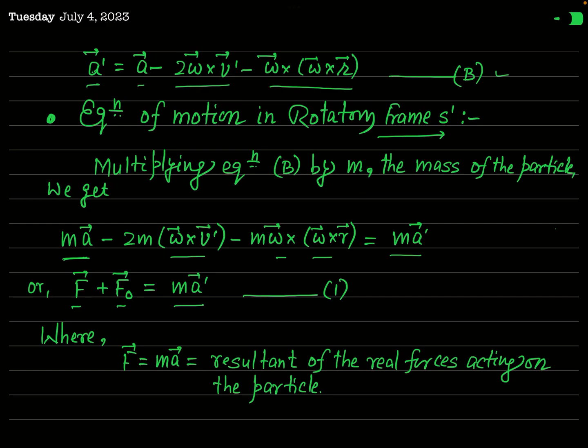And what is this ma? You can see m is the mass of the particle and a is the acceleration of the particle with respect to the inertial frame. And you know from Newton's second law of motion, the product of mass and acceleration of the particle with respect to an inertial frame gives the resultant of all the real forces acting on the particle.